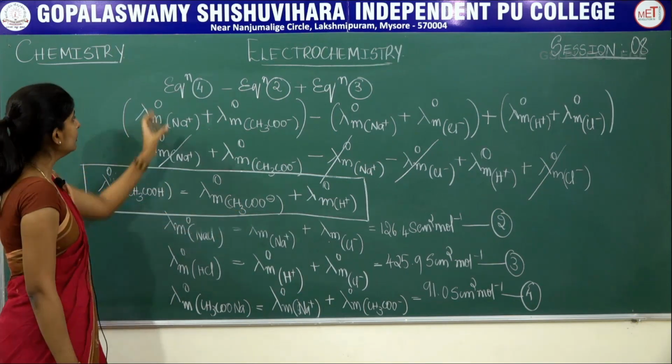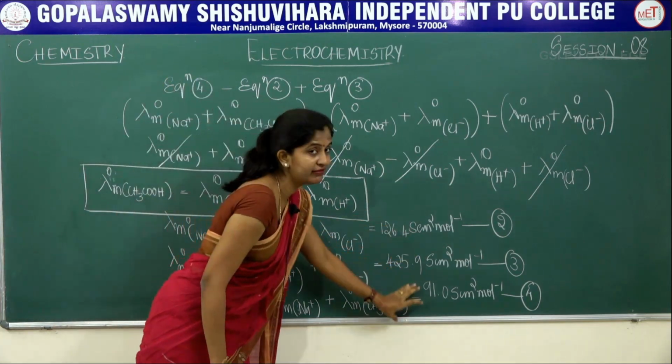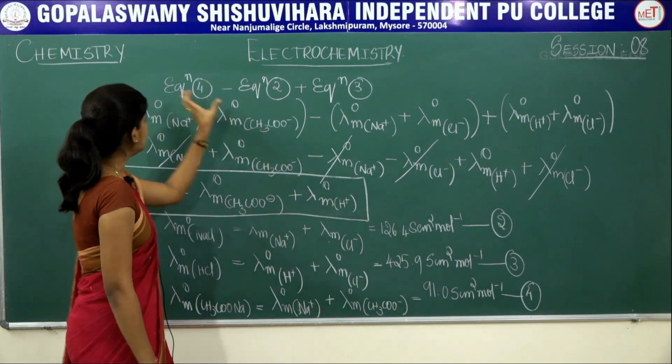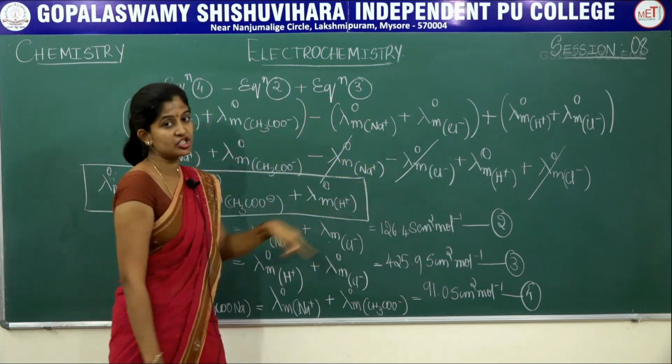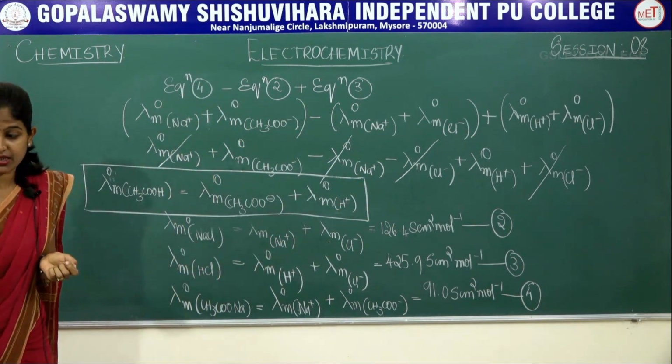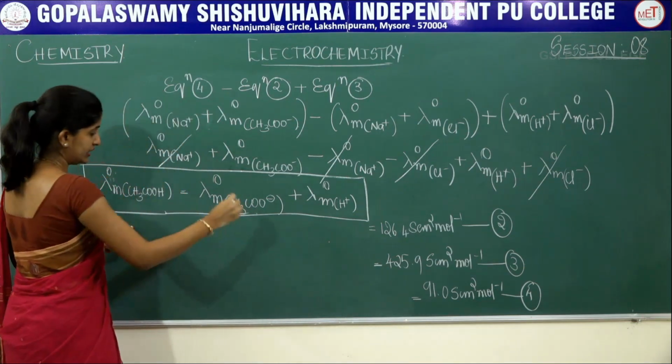So now what do I have to do? For these equations which I have operated, I have to substitute the values. So equation 4 value minus equation 2 value plus equation 3 value. So let us see what the substitution is. Equation 4's value is 91.0.